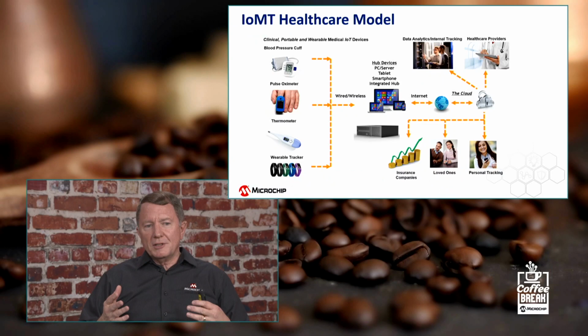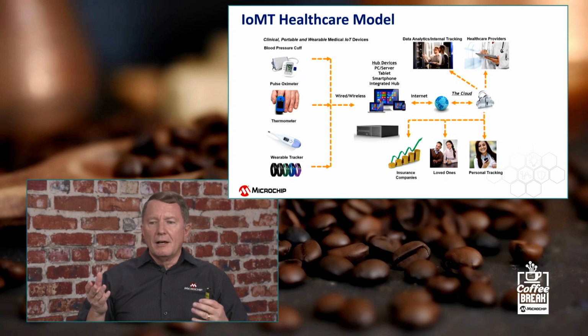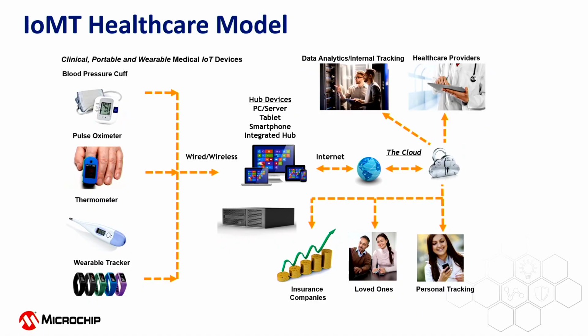All that data will be connected and transmitted by Bluetooth, Wi-Fi, whatever, to a phone, tablet, Wi-Fi router, or some kind of hub, even over a cellular network as we get into 5G. It's being done now, even as we speak, with cellular. And it goes over to the cloud on the right side of that slide, where you've got hospitals, doctors, providers, family, friends, or yourself monitoring the data.